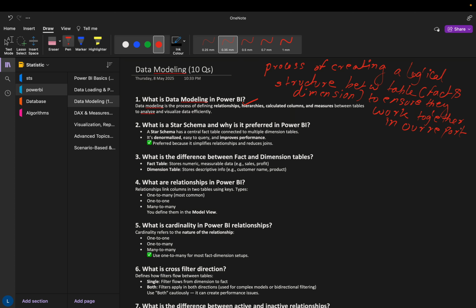We normally create a new column. We normally create a hierarchy, for example, for date we normally try to create a hierarchy of month, quarter.